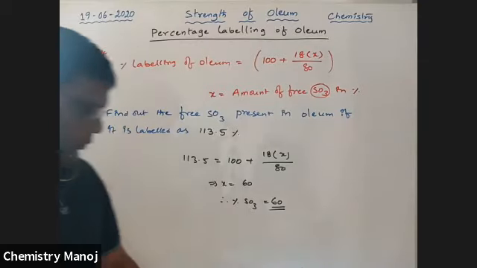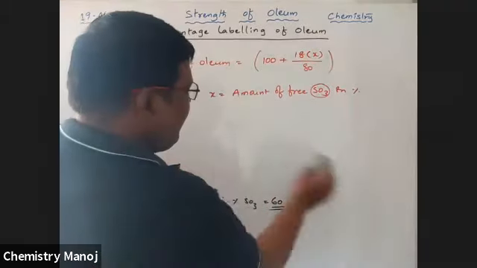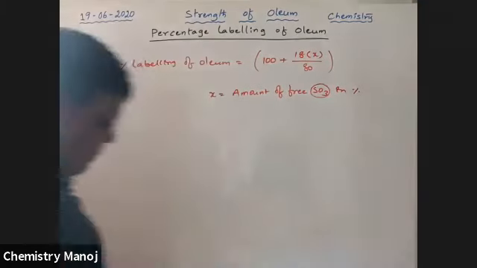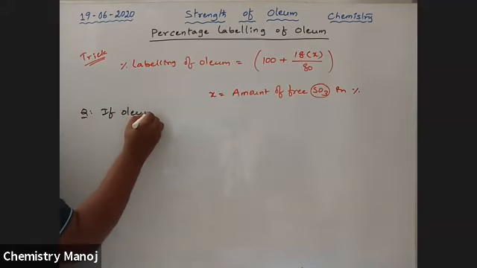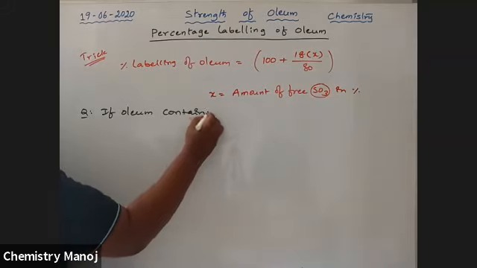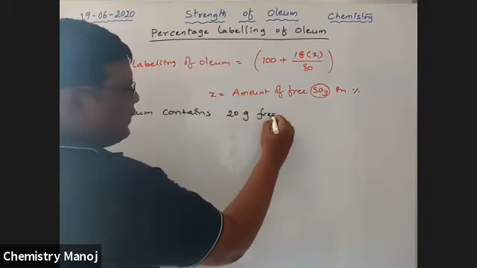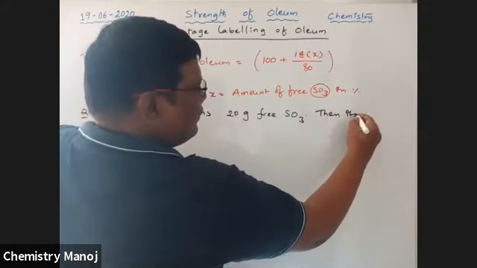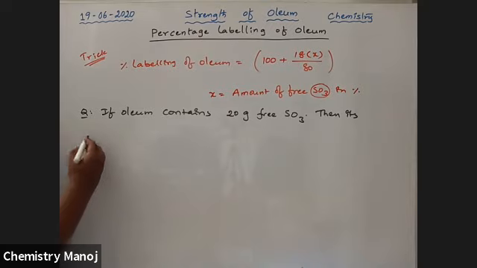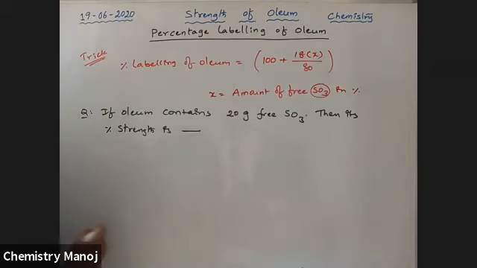Okay. Now, one more problem. If oleum contains 20 grams of free SO3, then its percentage strength is dash.